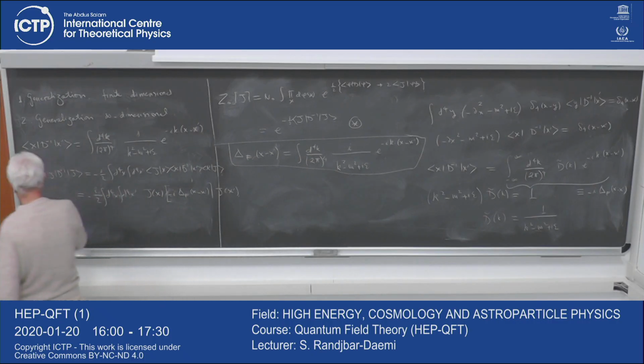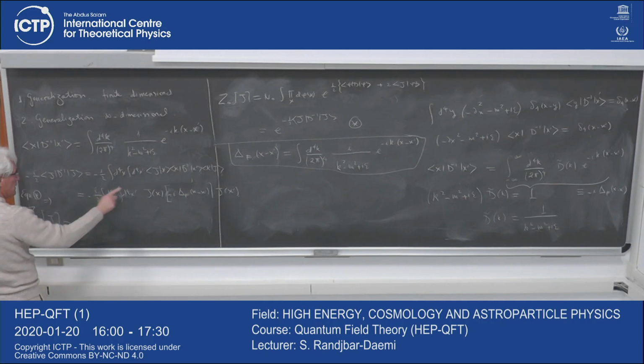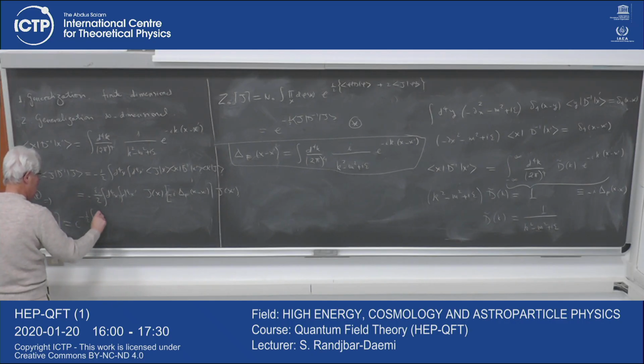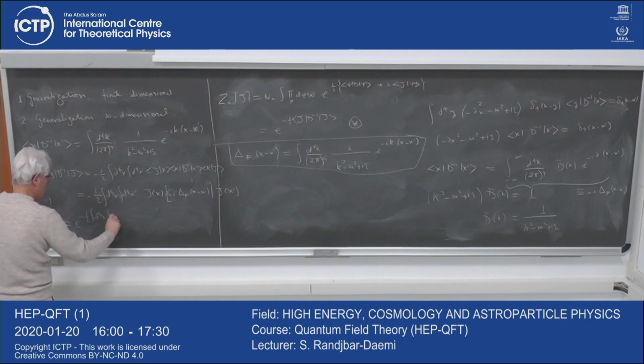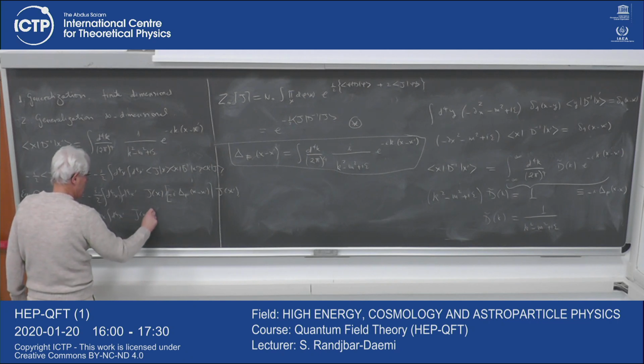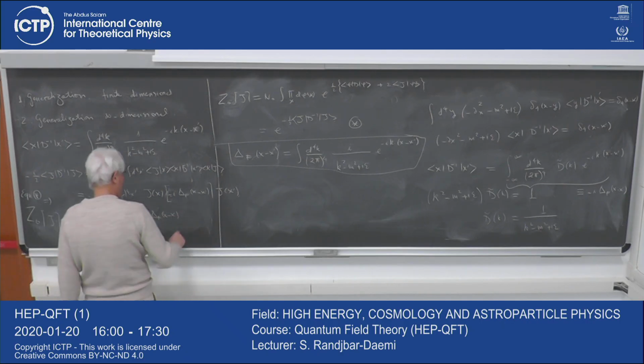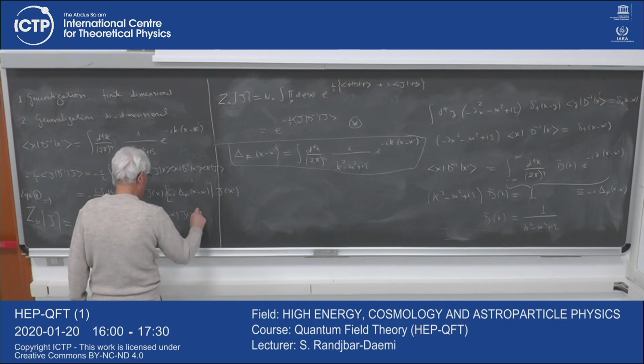So equation star becomes exponential of, there is minus i over 2 here and minus i here, gives you minus 1/2 d for x, d for x prime, j of x delta Feynman, x minus x prime times j of x prime.